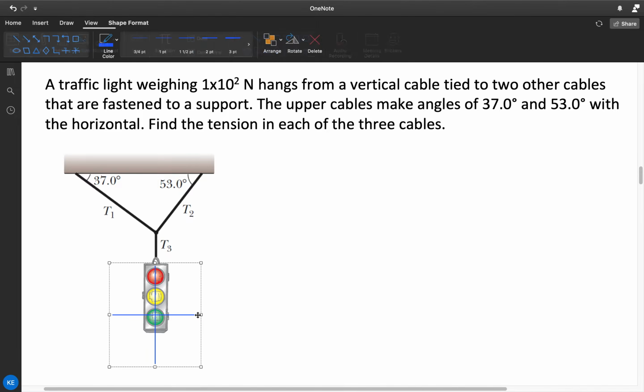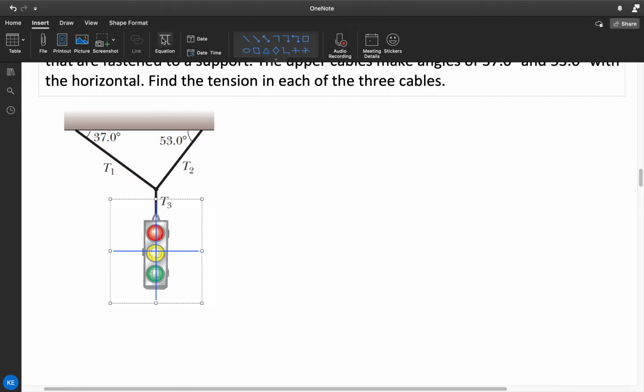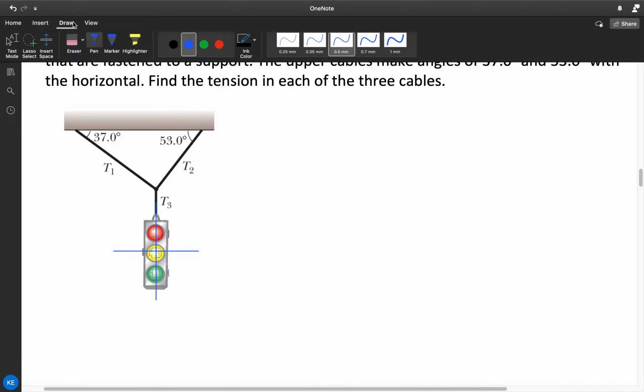Draw the free body diagram in such a way that the origin is at the center of the cable. The forces present for this case are two. One is your tension T3, which is simply going upward. And the other one is the weight, which is simply downward.